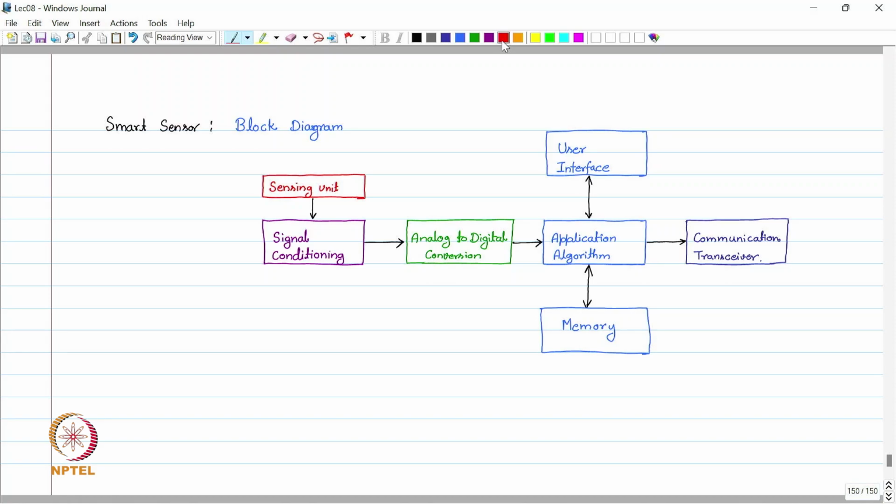So we have here, the first is the sensor and actuator hardware. The second is the conditioning circuitry.